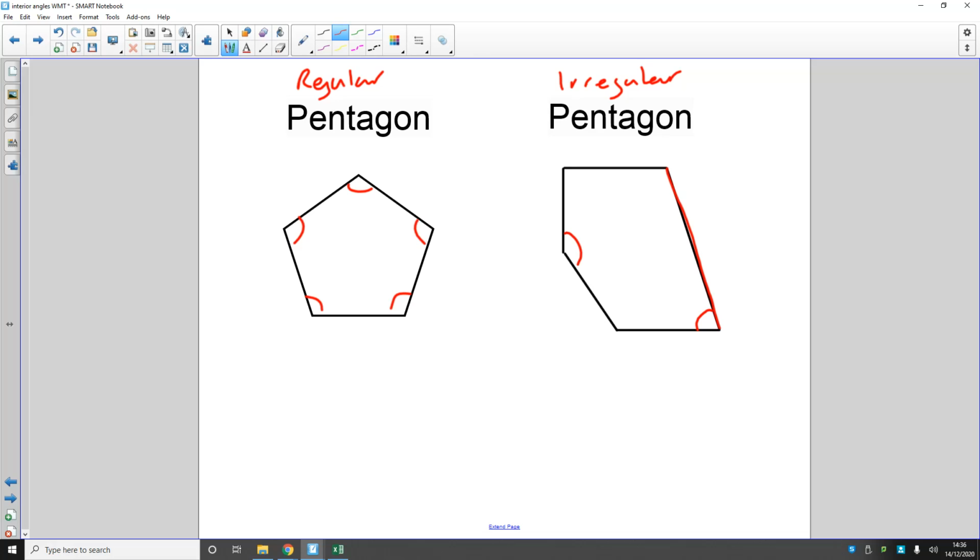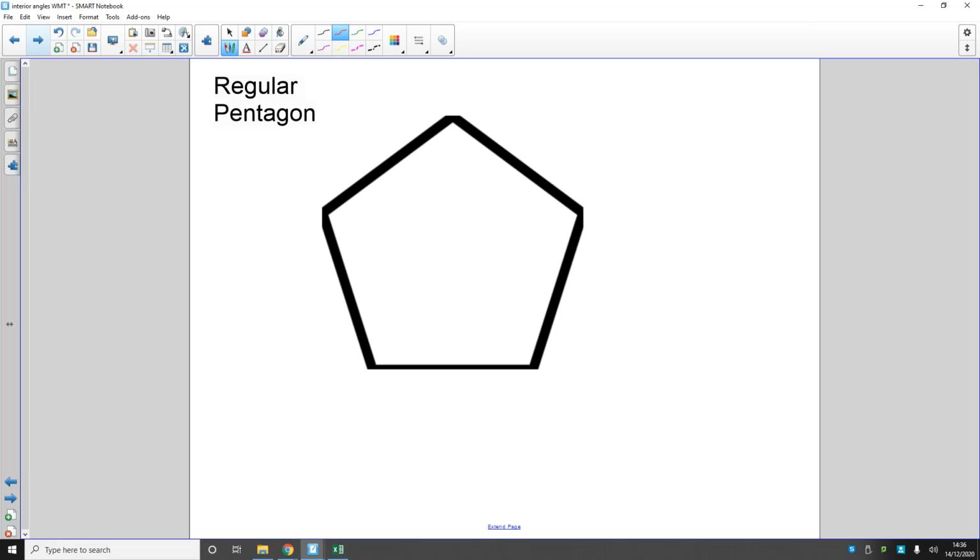So if we focus on the regular pentagon, then from last time we discovered and calculated that each of these interior angles was 108 degrees. If you've forgotten that, then look back at last lesson and the video on interior angles.